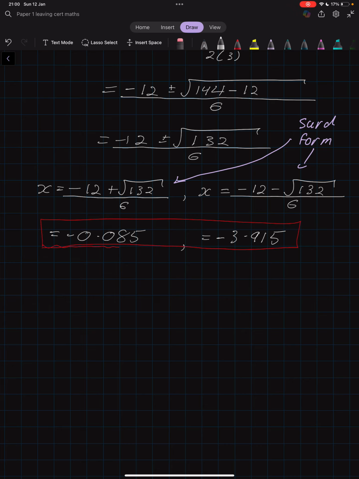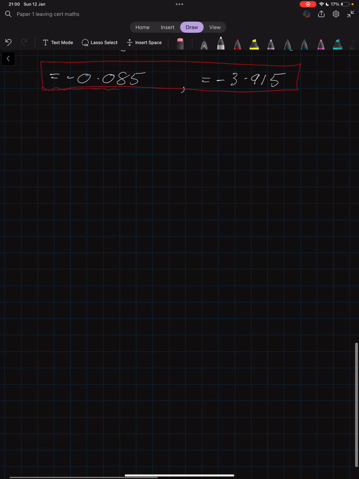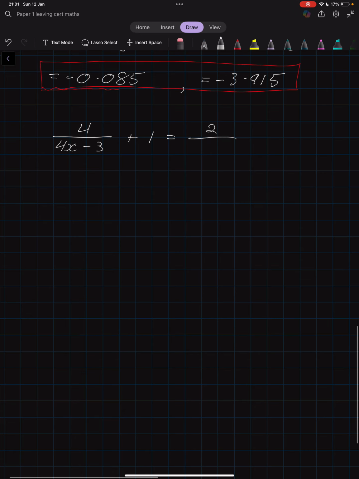So it could be something like this. Say 4 over 4x minus 3 plus 1 is going to equal 2 over x minus 1. So again, remember you're solving for x and there's an equal sign.